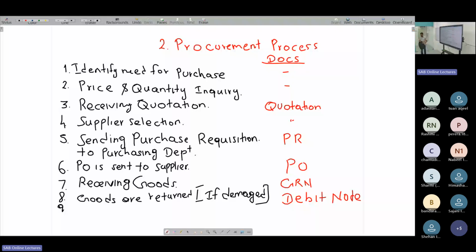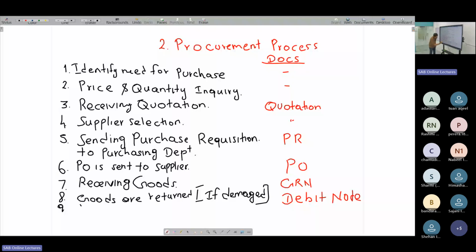From the buyer's point of view, we should raise the GRN. The purpose of the GRN is confirmation of goods received. Once confirmation is given, the seller will send the invoice.